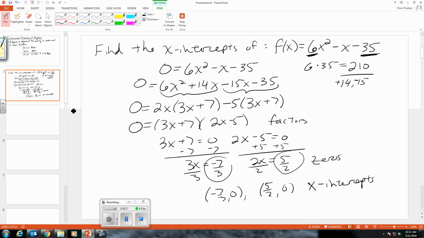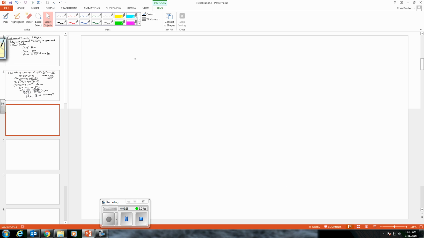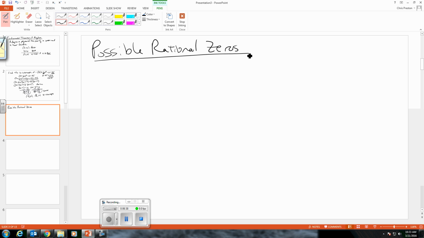And that's true anytime an answer can be written as a fraction. Possible rational zeros: a rational number is a number that's a ratio of integers.